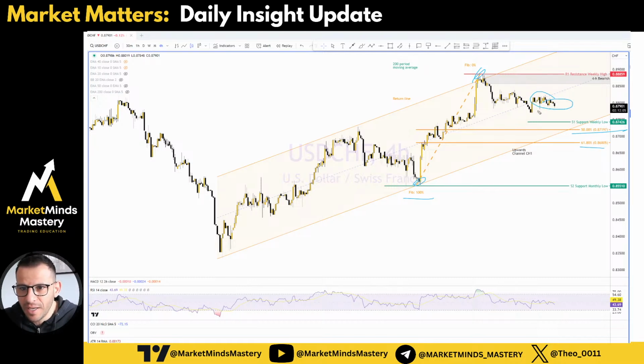At this area here, personally, I'm not looking to get into any trades, but I will be looking to get involved once the price comes around to these areas of Fibonacci levels, because there is also the broken swing high actually that created the move to the upside.